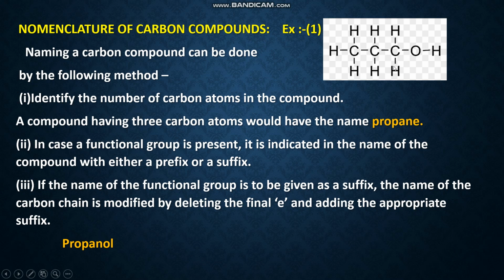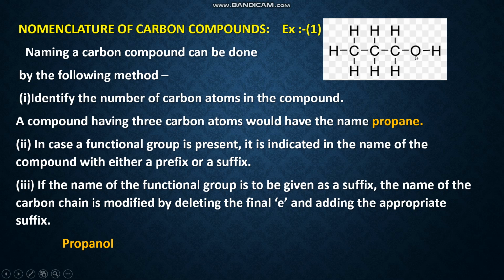Once again, let us see, an organic compound is given. We have to name it. What are the steps? First, we have to count the number of carbon atoms. Next step, give the corresponding alkane name. Next step is to identify the functional group.